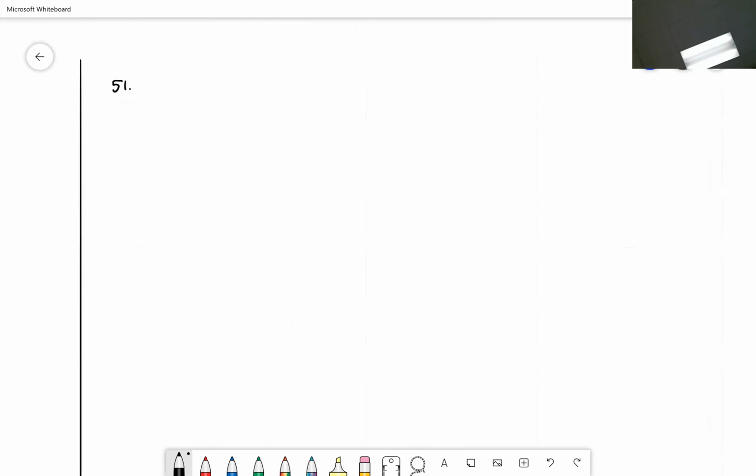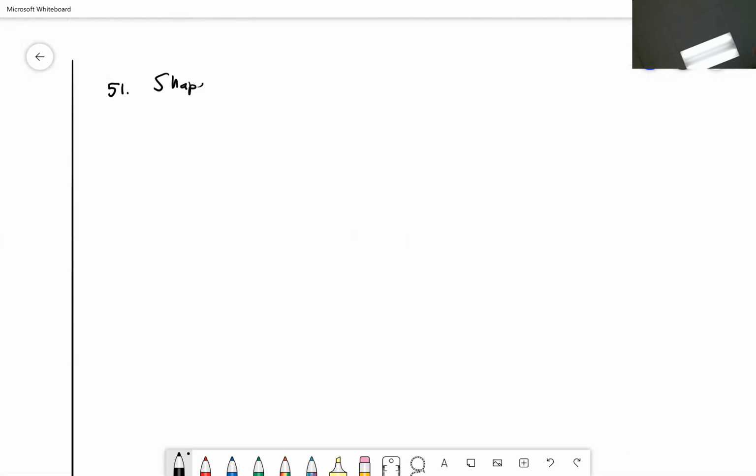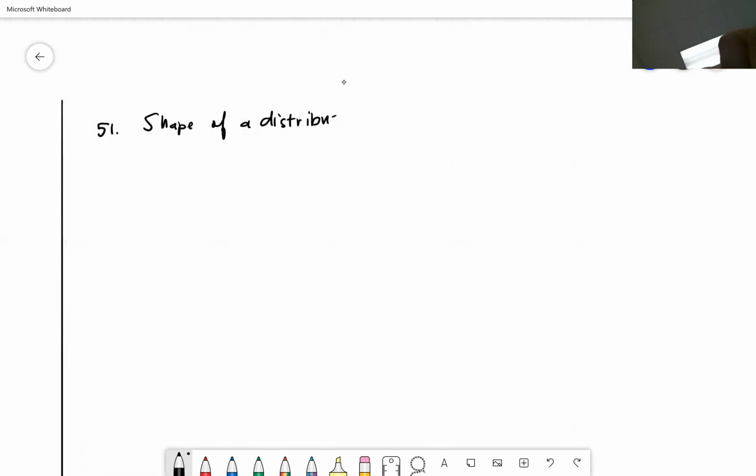Okay, so 51, they want to start talking about shape of a distribution. Before doing the question, I should fill you in on different shapes that we're looking at.